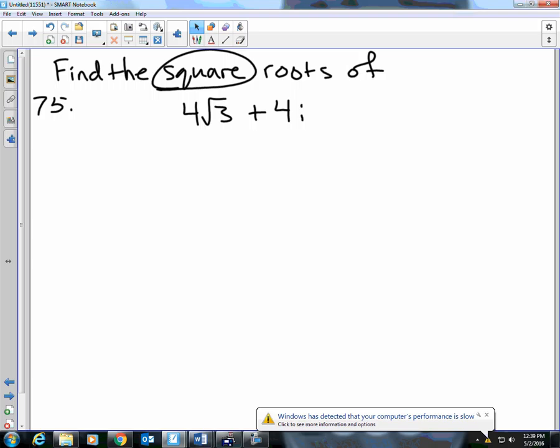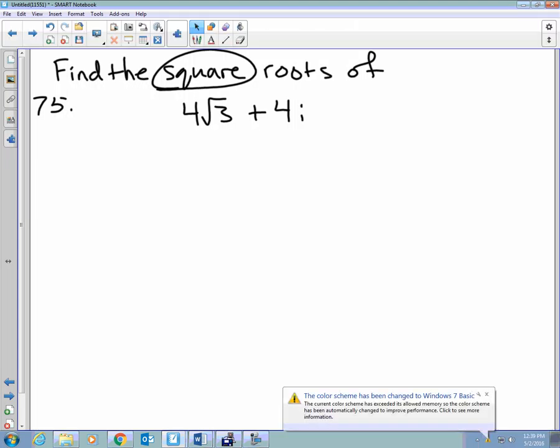Okay, it says find the square roots of 4 root 3 plus 4i. This one's actually going to go just slightly easier than the last one, I believe, but still a good problem, and it's one from your assignment. So let's give it a shot.